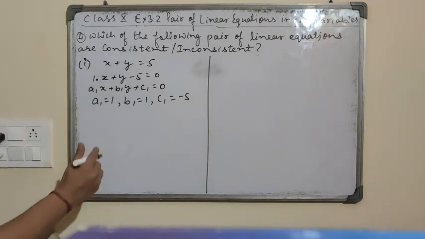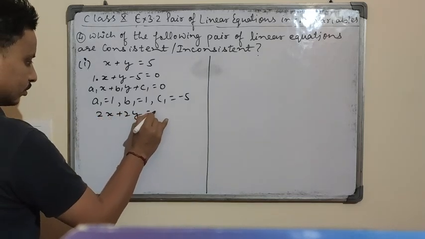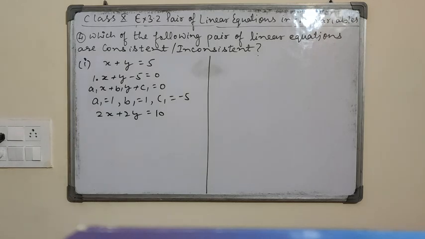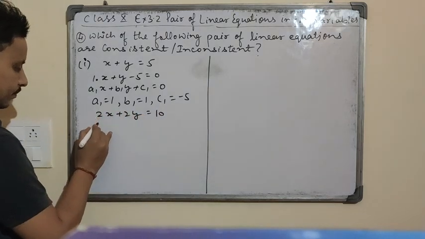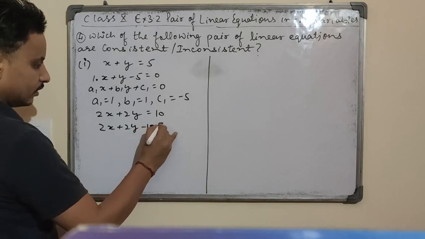Again we have the second equation, 2x plus 2y equal to 10. So students, this 10 will come to the left hand side and become negative: 2x plus 2y minus 10 equal to 0.